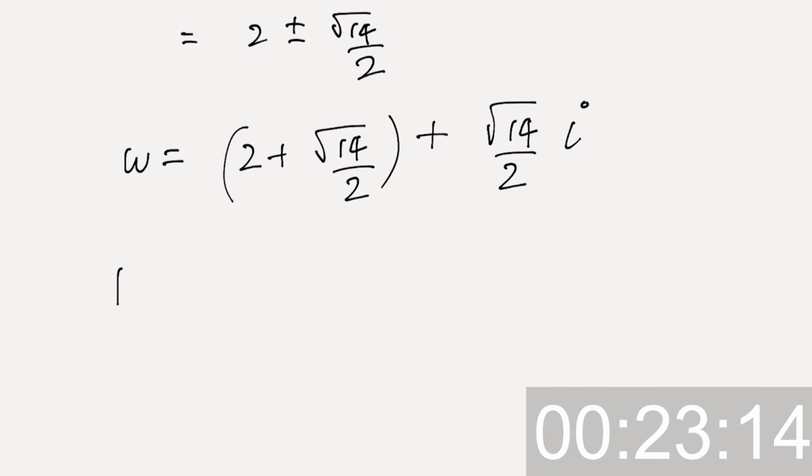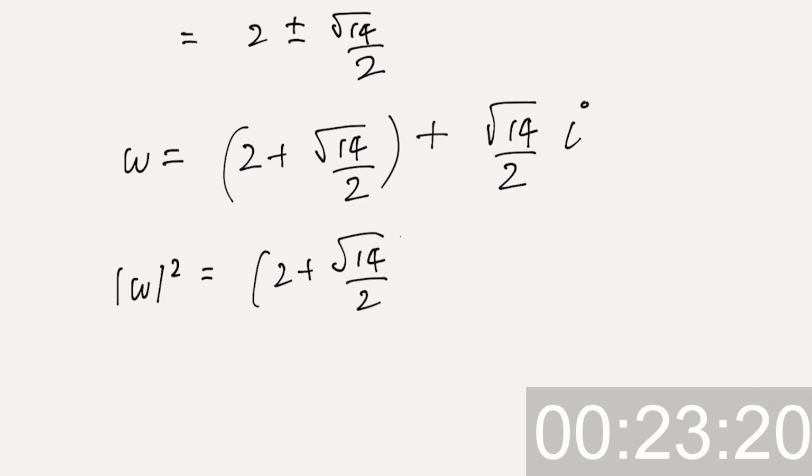So therefore, the modulus of W all squared is the real part squared plus the imaginary part squared, which is just 14 divided by 4.